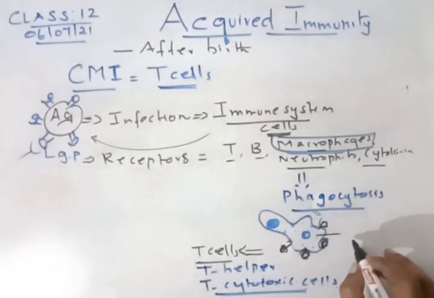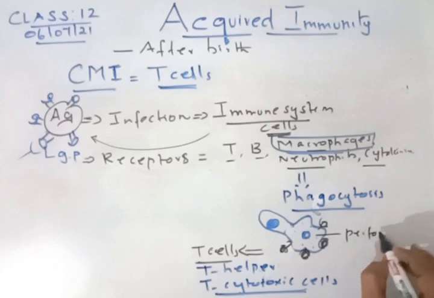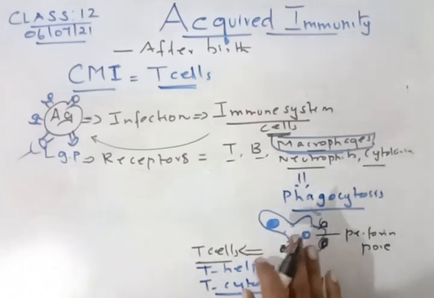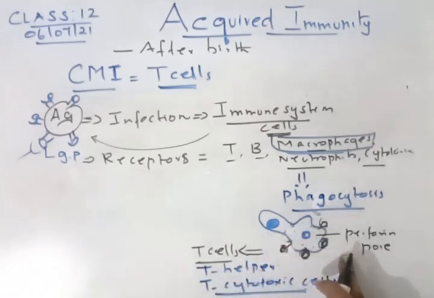That pore is called a perforin pore. Cyto means cell, toxic means poison, making the cell toxic. So it will create a pore, and that pore is called a perforin-lined pore.